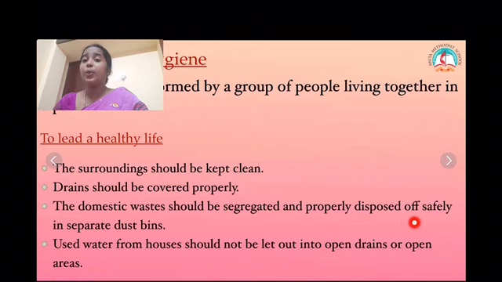The domestic waste should be segregated and disposed of safely in separate dustbins. Used water from the house should not be let into open drains or open areas. If we follow these things, we can be hygienic and lead a healthy life in a community surrounding.